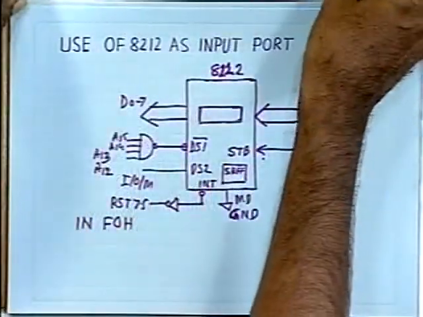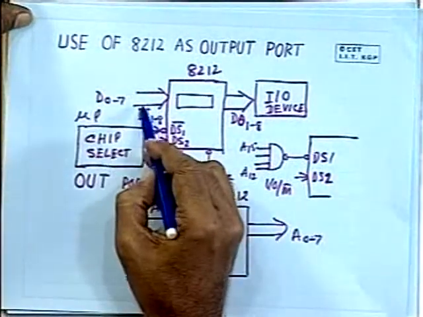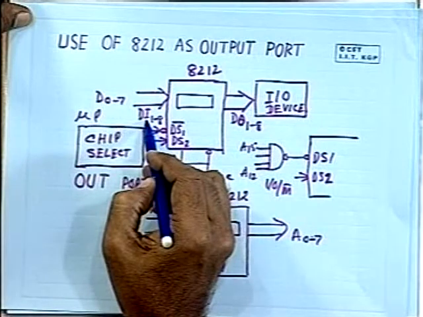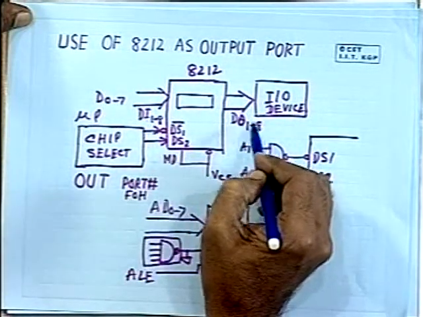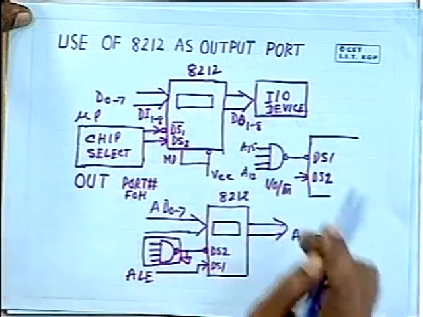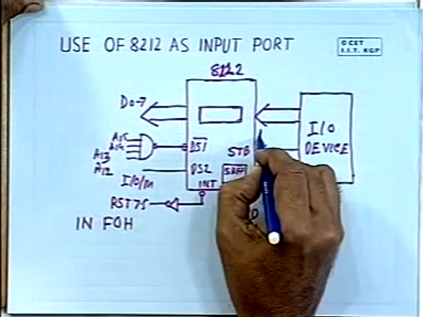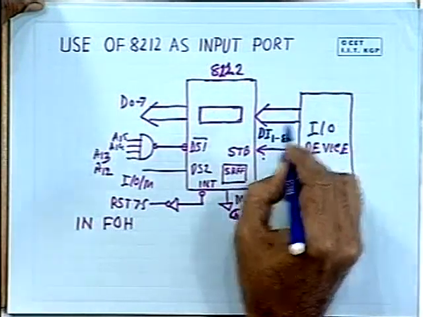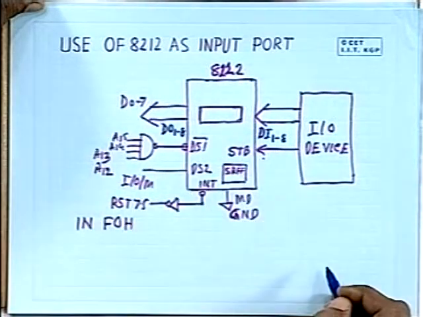To make it an output port, this side has to be connected to the microprocessor, DI has to be connected to it, and DO has to be connected to the output side, the IO device side. But whenever it is used as an input port, DI is connected to the IO device side and DO is connected to the microprocessor side.